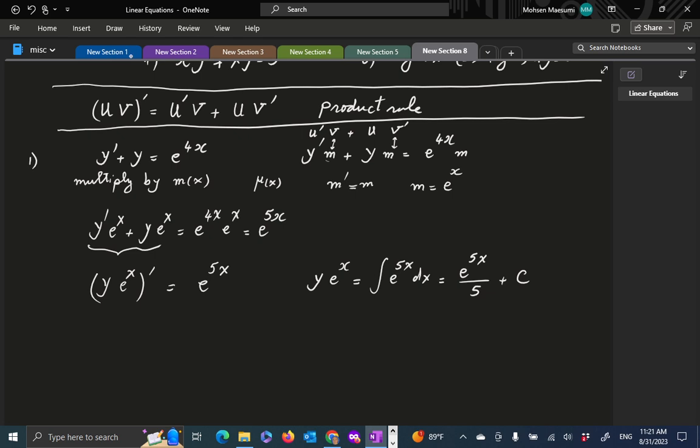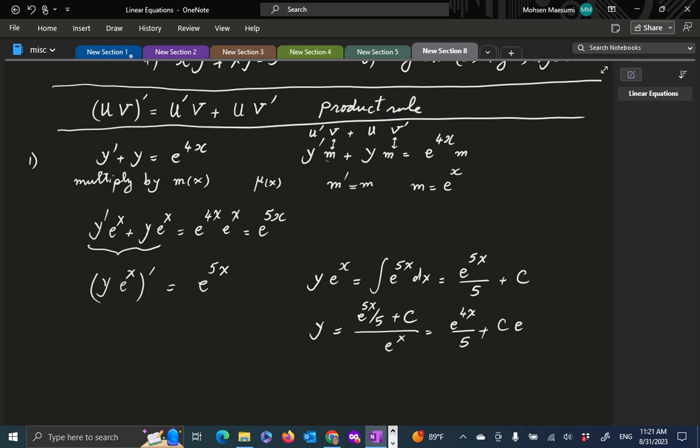Now I want to find y, so I just go ahead and divide by exponential of x. So I will have y equal to e to the 5x over 5 plus c, over exponential of x. I can do this term by term. 5x divided by x, that's going to be exponential of 4x over 5. And this is c over exponential of x.